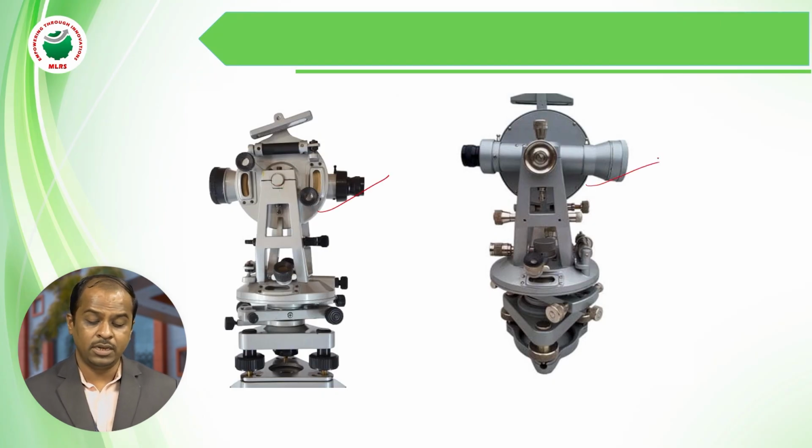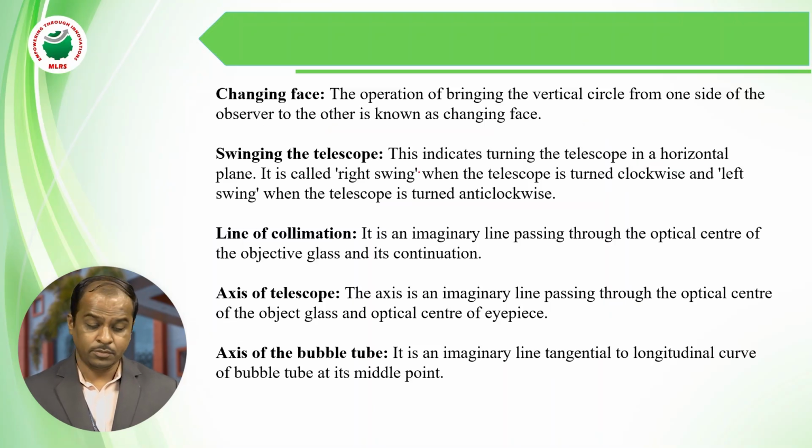In both pictures it is a face left observation, because while taking the reading from the eyepiece, the circle is left of the observer in this case also. Next, changing the face. The operation of transiting from face left to face right, that process we call changing the face.